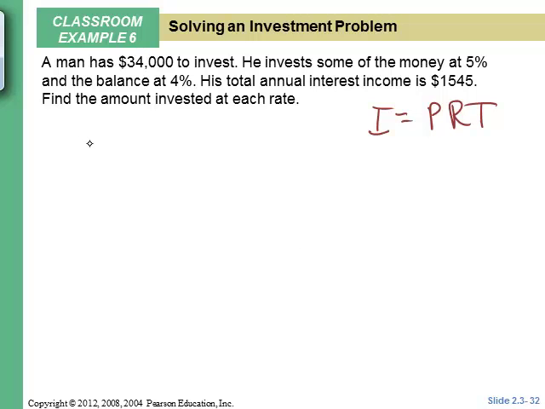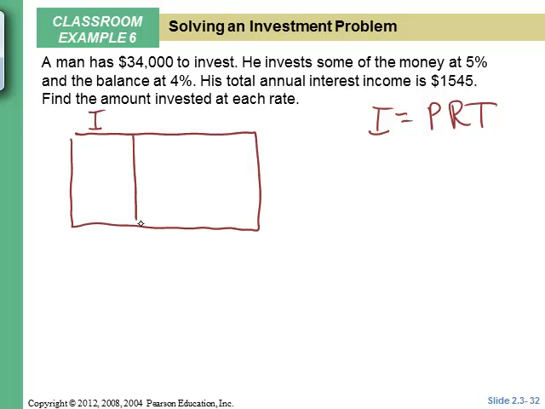Okay, so what we've got here is a chart for interest, principal, rate, and then it says annual, so really time is 1. And since it's 1, we don't really need to multiply it out.